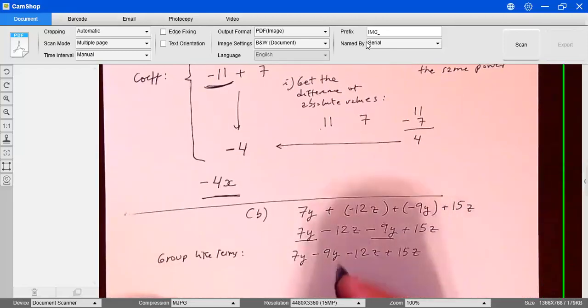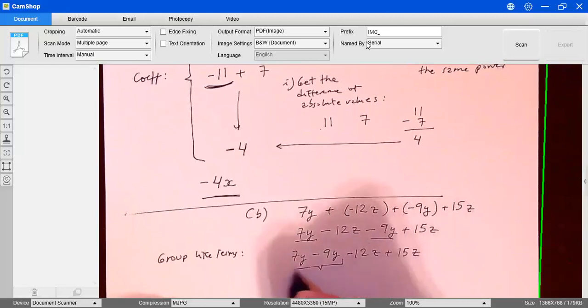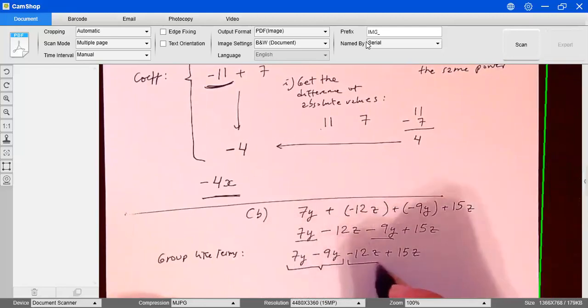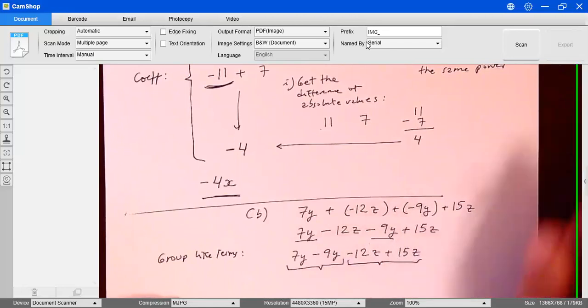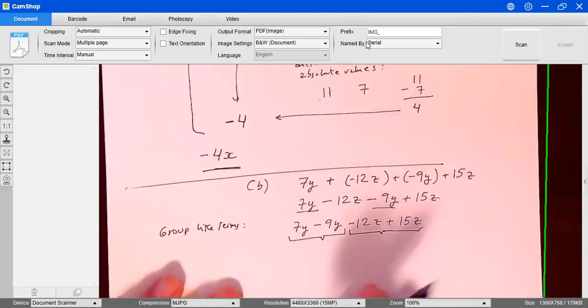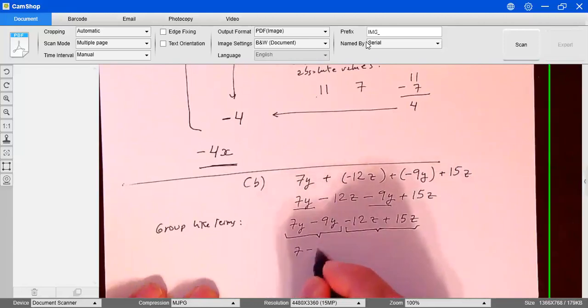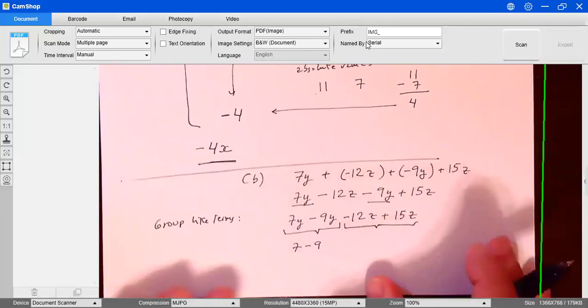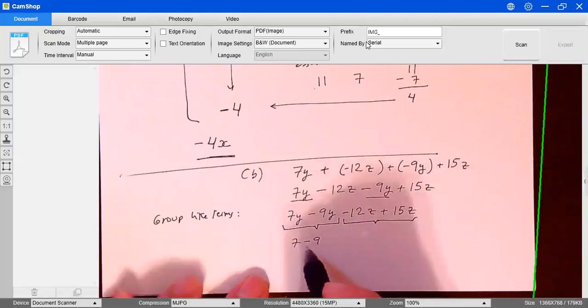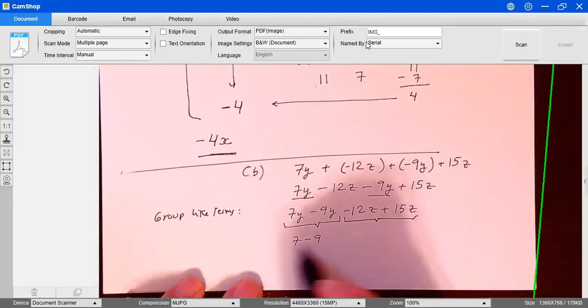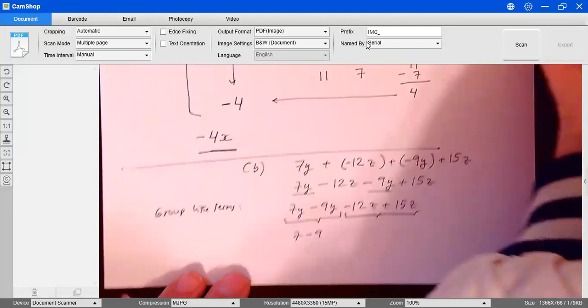Now we know that we can combine these two, and we can combine these two. So to combine them, again, we're going to work with the coefficients. So we have 7 minus 9 in this case. 7 minus 9 is just two numbers with different signs, so we need to get the difference.